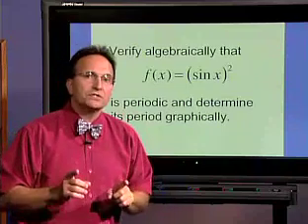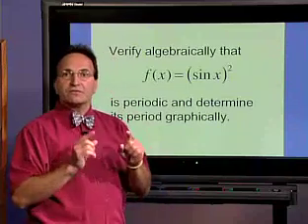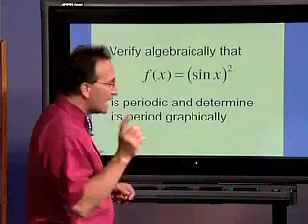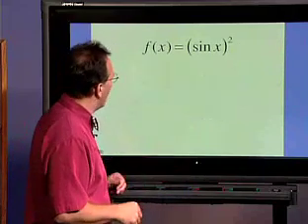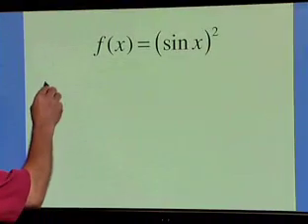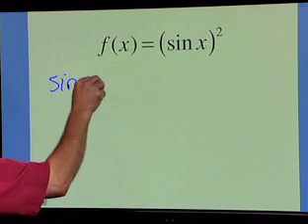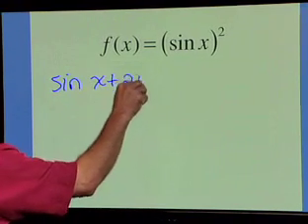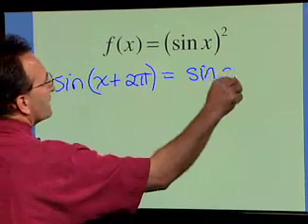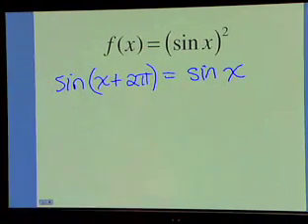We're going to use the fact that the period of the basic sine curve is 2 pi. We also know that sin(x + 2 pi) is equal to sin x for all x.